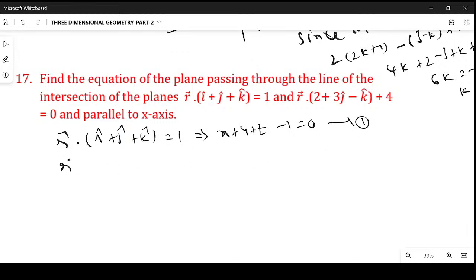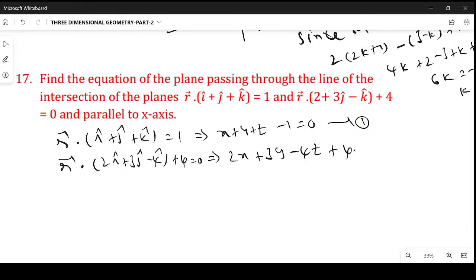Similarly, r bar dot (2i cap plus 3j cap minus k cap) plus 4 equal to 0 becomes 2x plus 3y minus 4z plus 4 equal to 0. So I have two planes. Understood how to write the Cartesian form: replace r bar with the general vector, then apply the dot product.